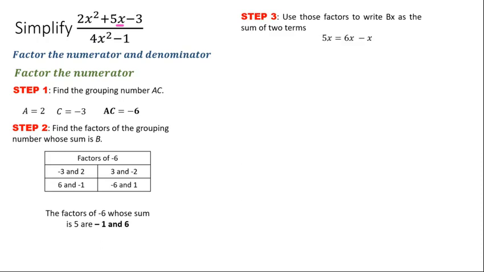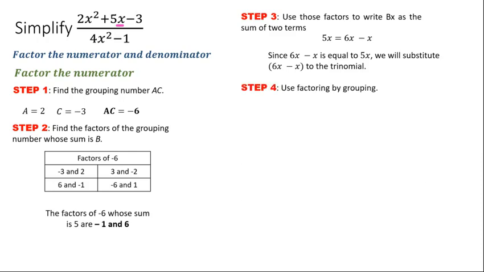Kaya magiging, we have here, 5x is equal to 6x minus 1 or minus x. Now, since we all know that 6x minus x is equal to 5x, we will substitute 6x minus x to the trinomial. And after that, after substituting yung ating dalawang factors na ang sum is 5x, we will use factoring by grouping para ma-factor out natin completely yung ating trinomial.